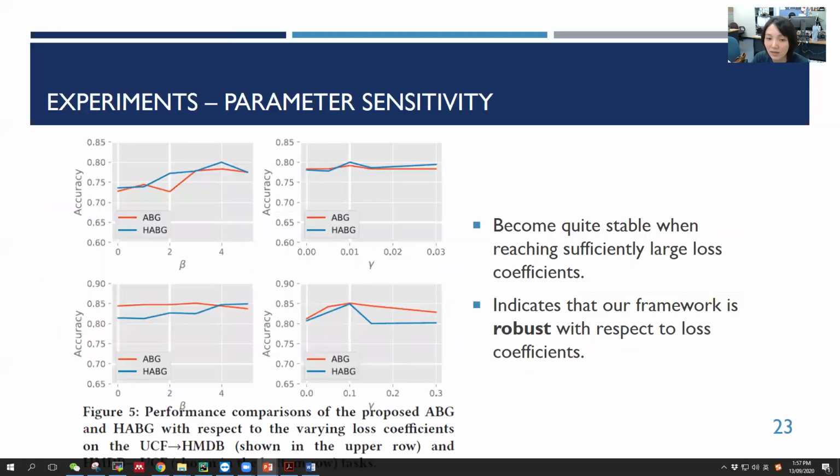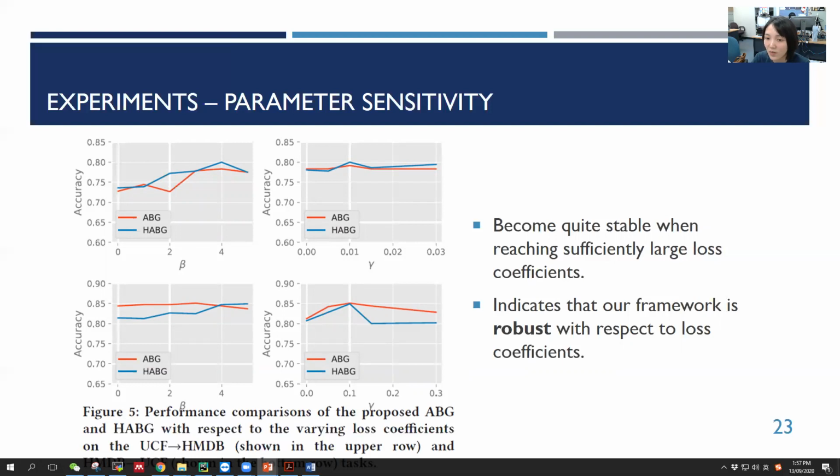To study the effect of the loss coefficients, we conducted experiments with varying values of loss coefficients beta and gamma, which balance adversarial loss and entropy loss respectively. As plotted in this figure, the average accuracy for both ABG and HABG models becomes quite stable when reaching sufficiently large loss coefficients.